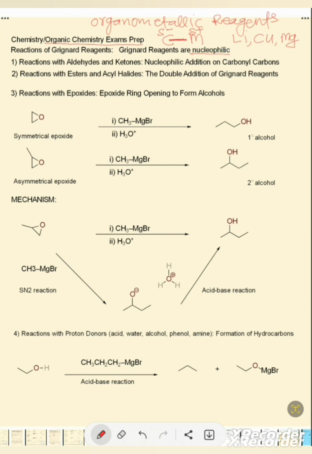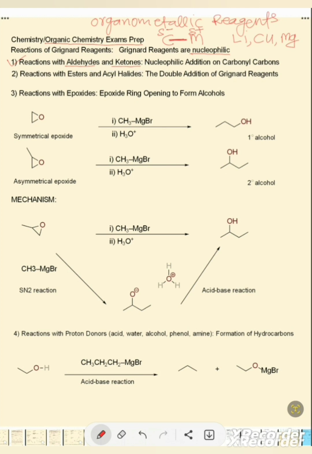So the nucleophiles will react with electrophilic centers or species. In this case, they would react with electrophilic carbon of aldehydes and ketones, esters, acyl halides, and epoxides. So the first type of reaction that we saw were the reactions of Grignard reagents with aldehydes and ketones.